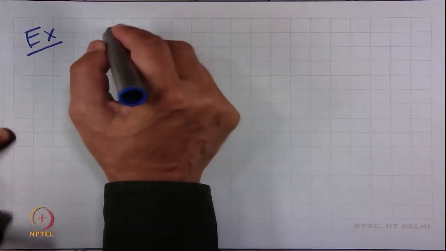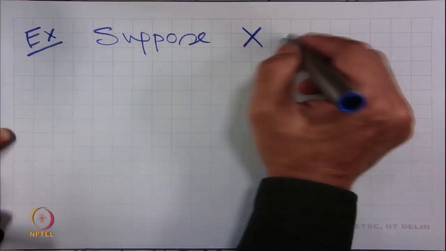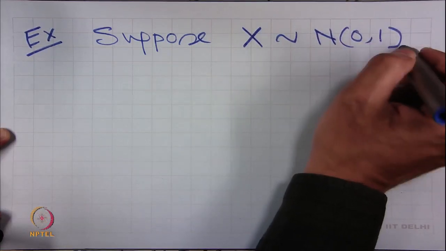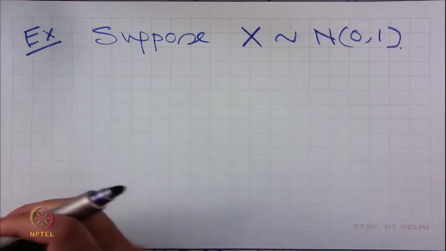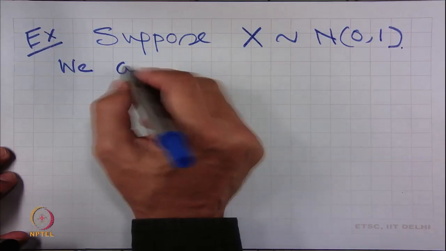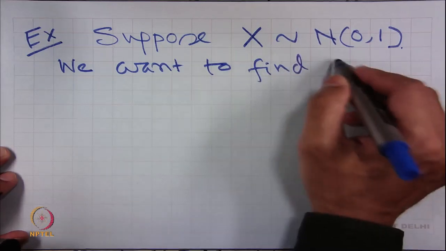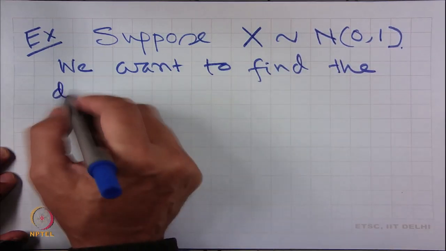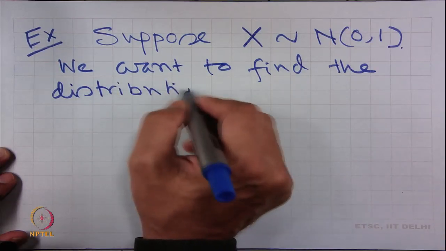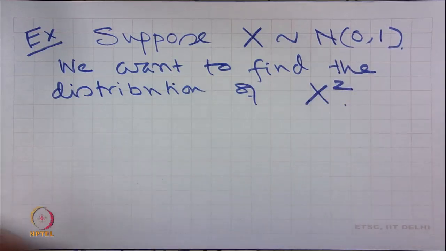Suppose x is a variate with normal 0, 1. We want to know the distribution of x square.